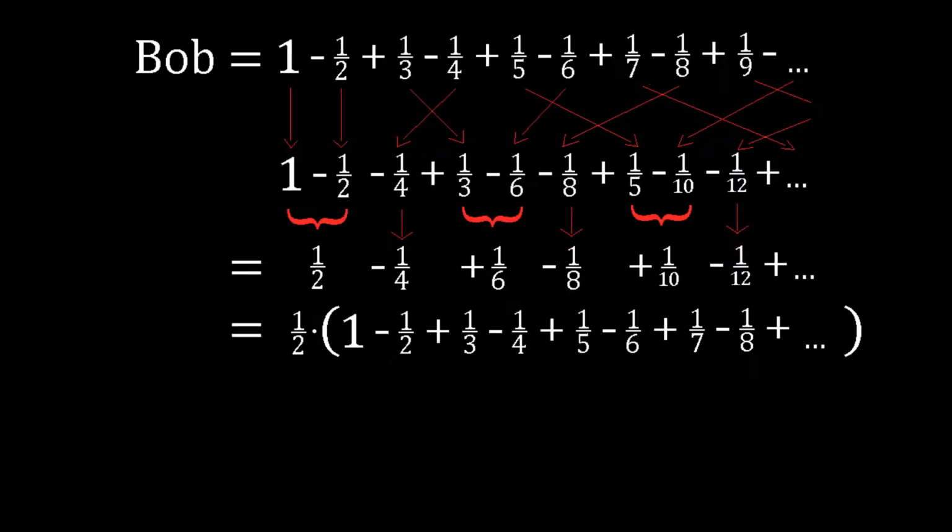But now let's look at this. What's in this parentheses? Well, that's Bob. So this is actually equal to 1/2 of Bob. So you can see that just by rearranging the terms of Bob, suddenly he's only half the man that he used to be. Now, why is that?